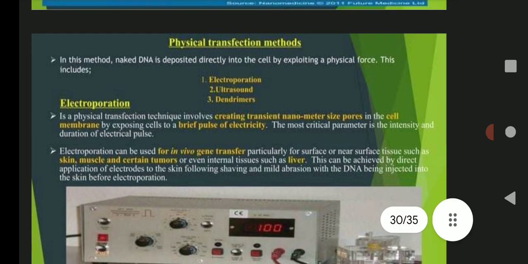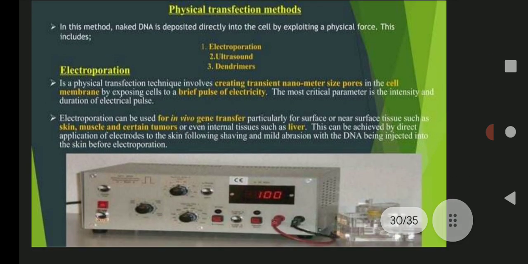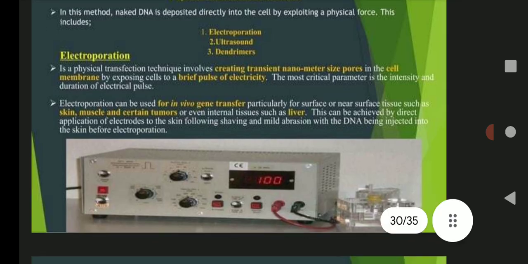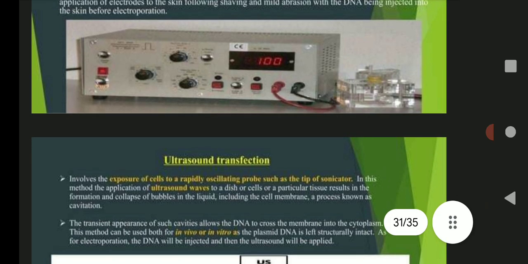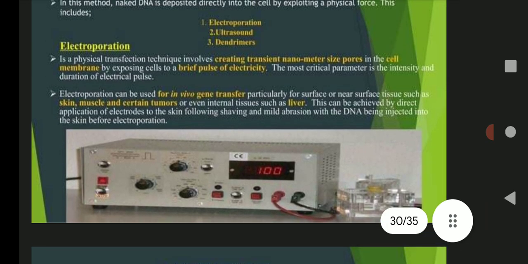And physical methods include electroporation, ultrasound and the dendrimer method. Already we discussed the electroporation method, in which pulses of electricity are applied to the cell membrane, thereby altering the permeability for the uptake of genes in vivo.